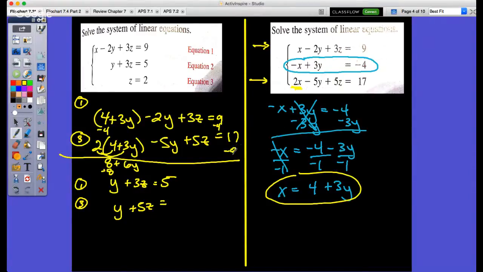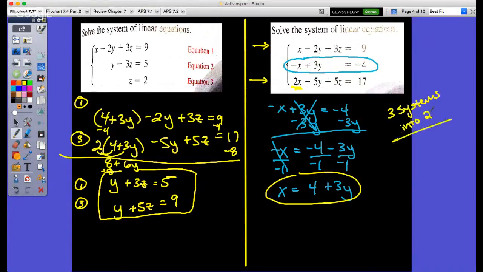So 17 minus 8 gets me 9. And there we go. So these two equations were made by substituting one equation for the other two. And like I said earlier, my goal is to go from 3 equations into 2. If I can do that, then I've been successful for the problem.